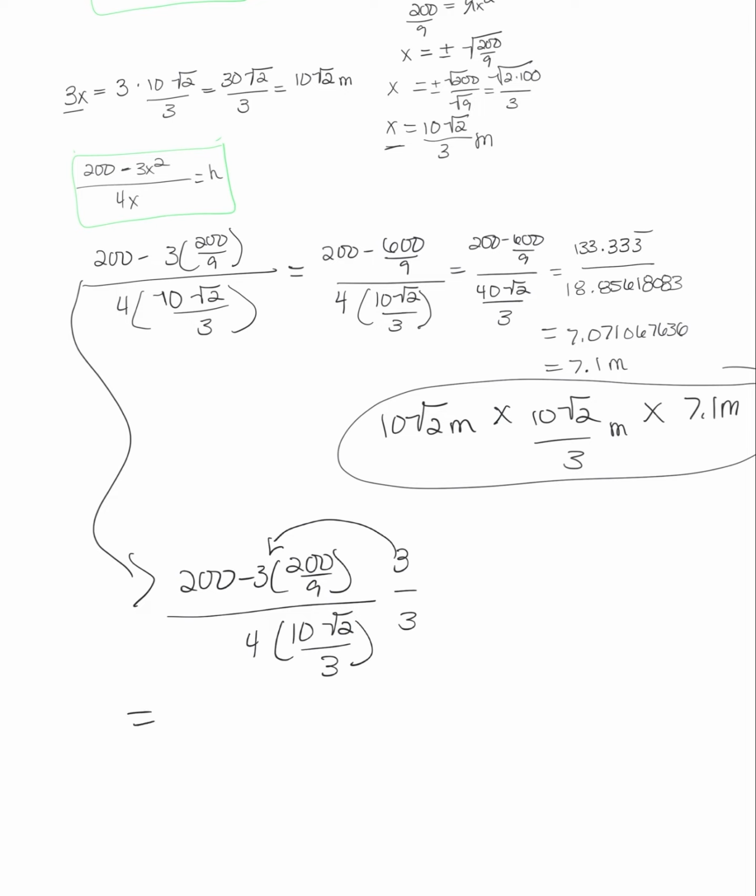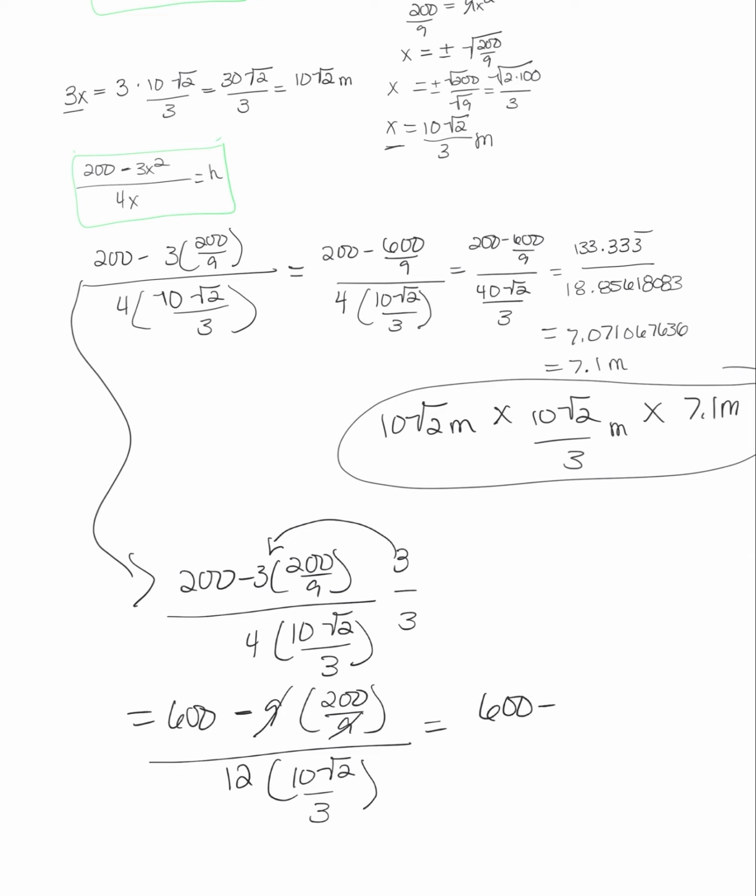So I'm going to say 3 times 200 is 600 minus, this becomes 9 over 200 divided by 9 times 12, because we're doing the bottom too, times 10 root 2 over 3. All right, so then this is going to cancel, and I'm going to have 600 minus 200, and then I have 12 times 10 is 120 root 2 over 3, which I can then break down more.